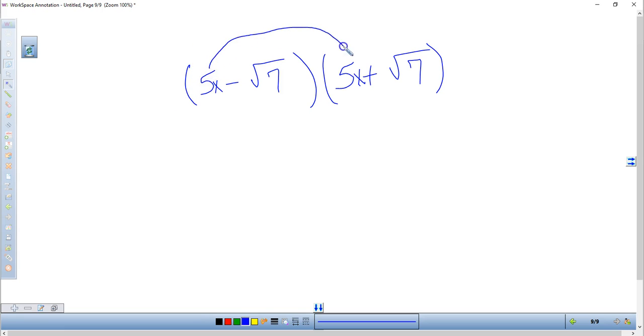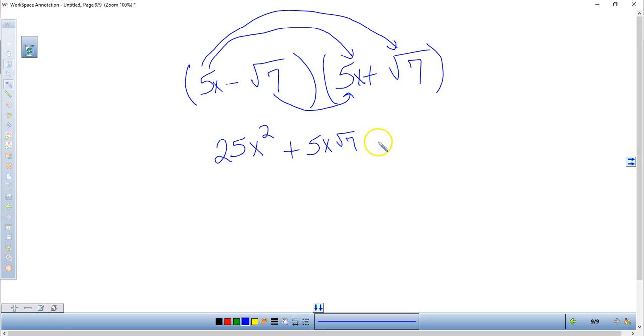So 5x times 5x, I meant to say employ, not implore. 5x times 5x is 25x squared. 5x multiplied by root 7 is 5x root 7. Negative root 7 multiplied by 5x, well, it's negative 5x root 7.